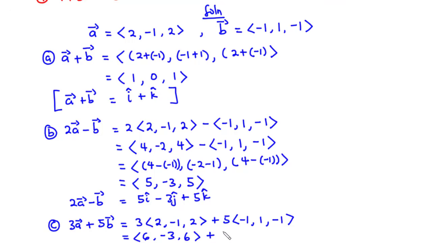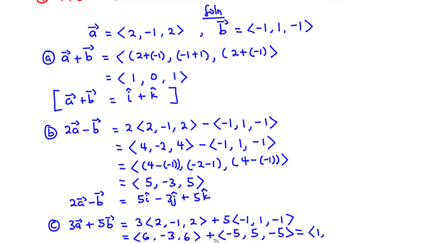We have this plus 5 times negative 1, which is negative 5, 5 times 1 is 5, and then 5 times negative 1 is negative 5. Now 6 plus negative 5 is 1.